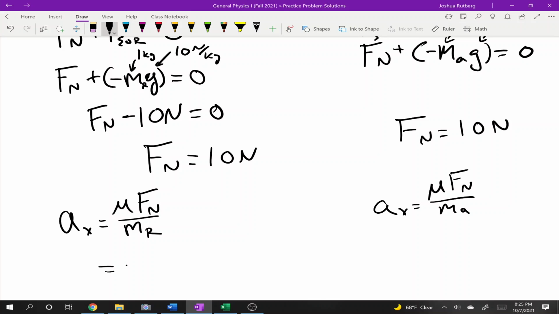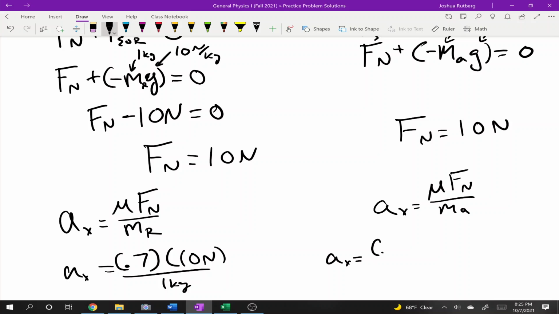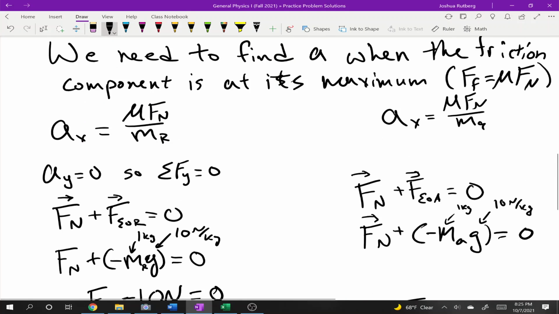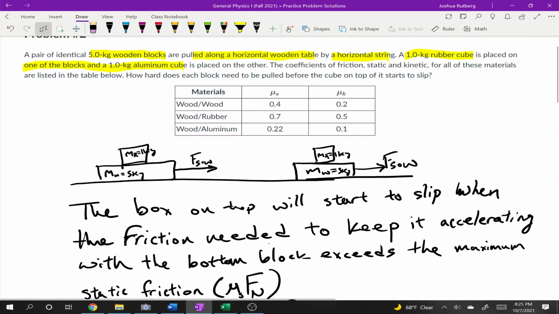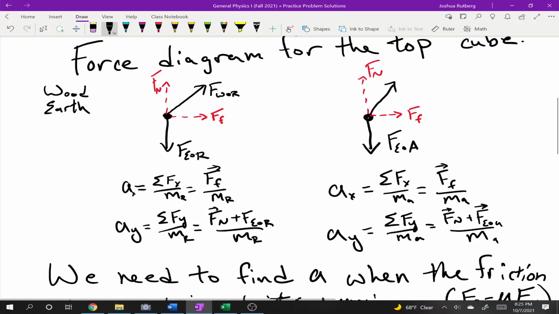So this is 0.7, my coefficient of friction for the rubber, times 10 newtons divided by 1 kilogram, and for the aluminum I believe it was 0.22. 0.22 times 10 newtons divided by 1 kilogram. Good.